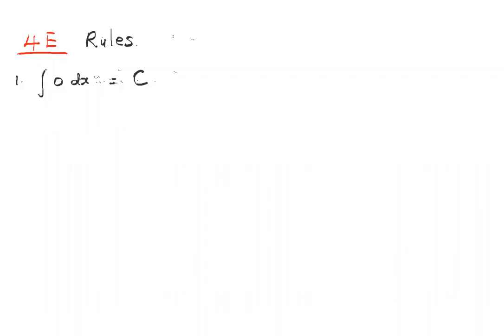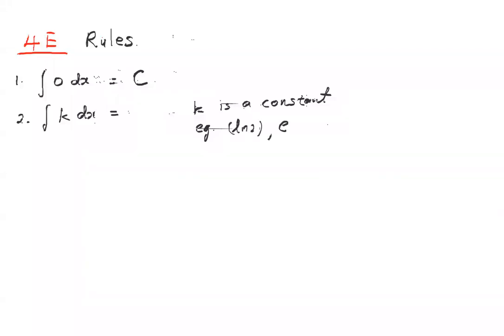Okay, second thing. If you integrate a constant, K is a constant. A constant can come in many forms. Examples, ln 2 is a constant. e to the power of 1 is a constant.